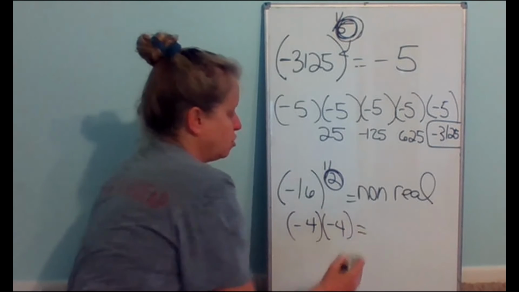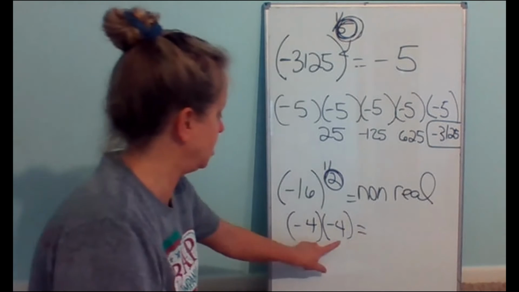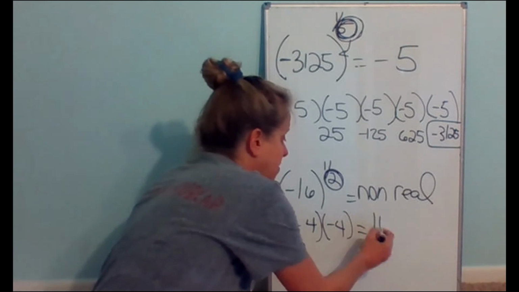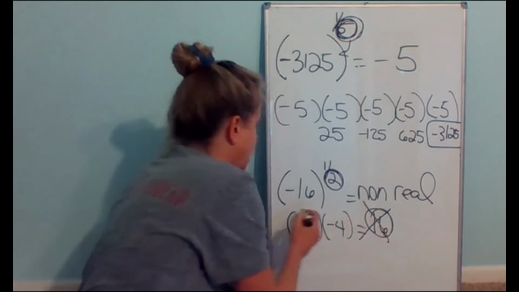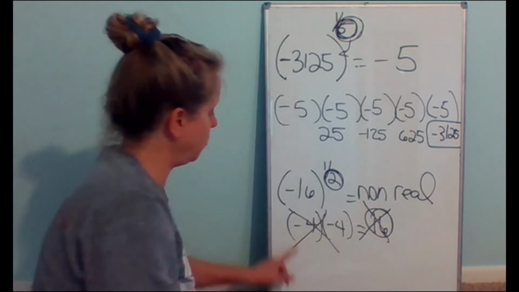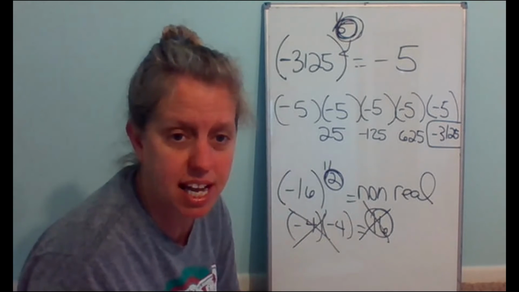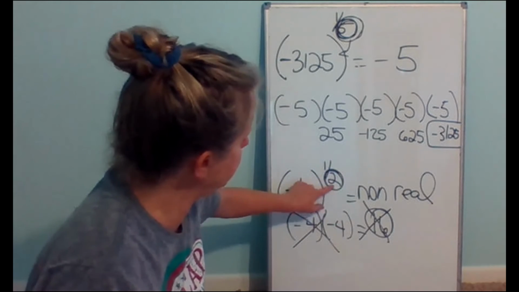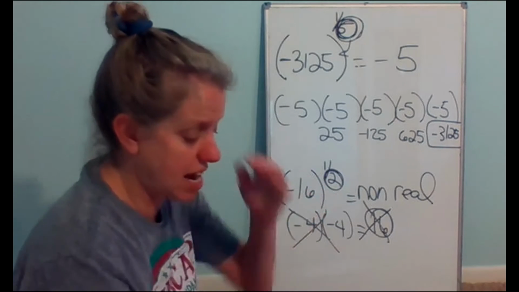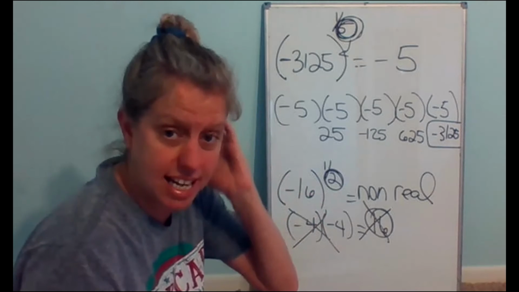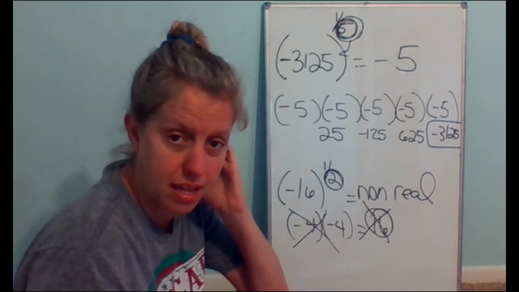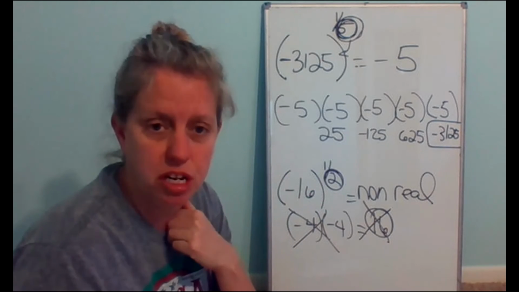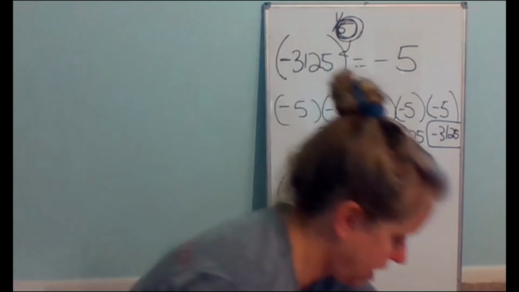What do you get when you multiply negative 4 times itself? We have a negative times a negative, which makes it positive 16, which is not what we need. We need negative 16. So the rule is, if this number is even and you have a negative inside those parentheses, then the answer is going to be non-real. Okay?